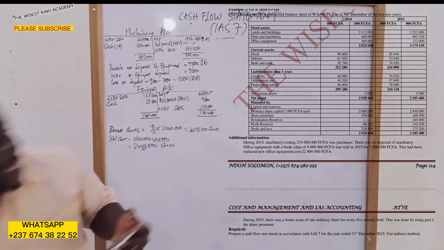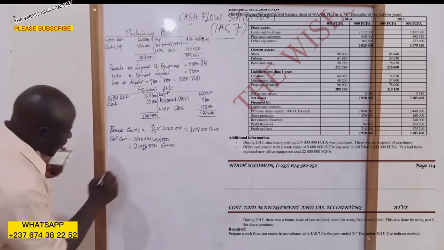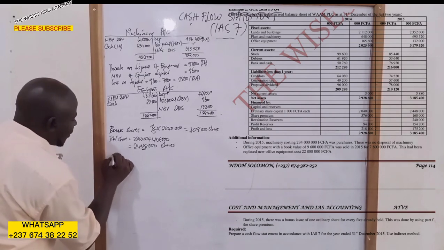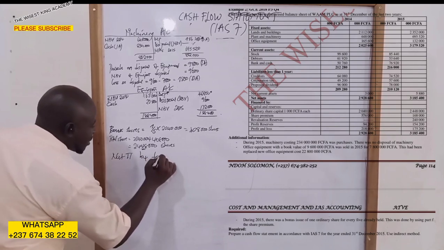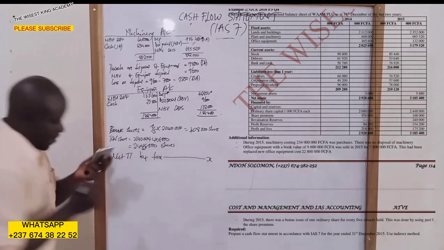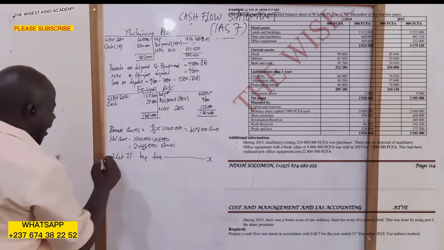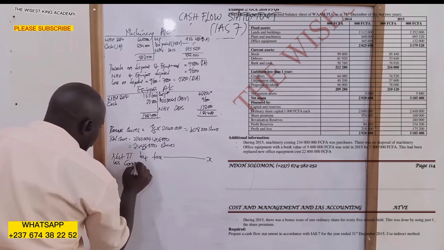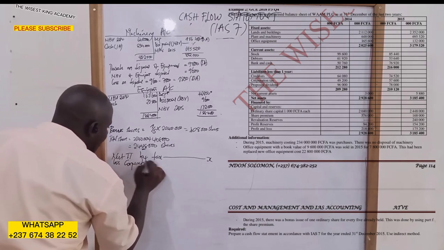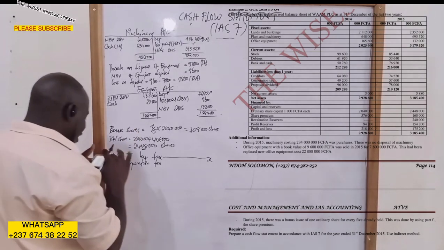Now, the next thing we are going to do is to determine our net profit before tax. Let me call it X. Now, to the net profit before tax, we subtract corporation tax, and the tax will be the tax for 2015. What is the tax for 2015?